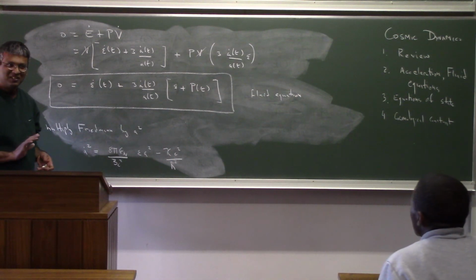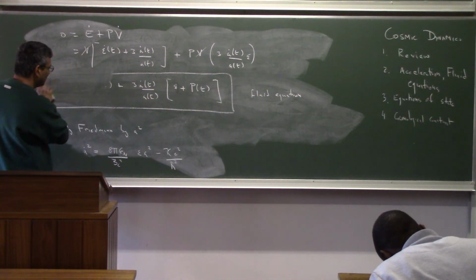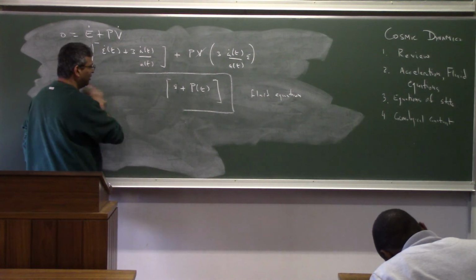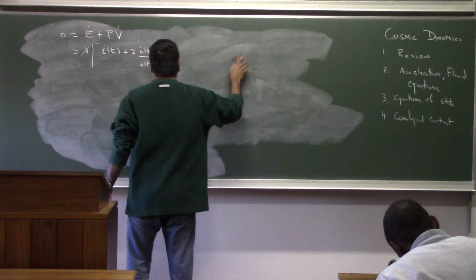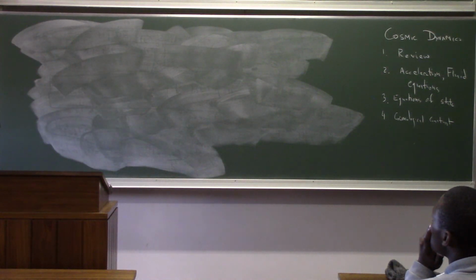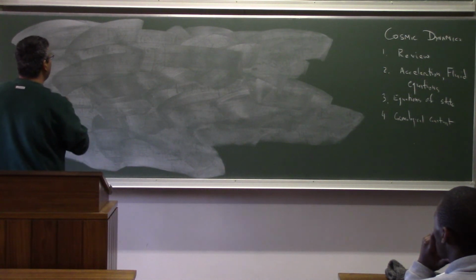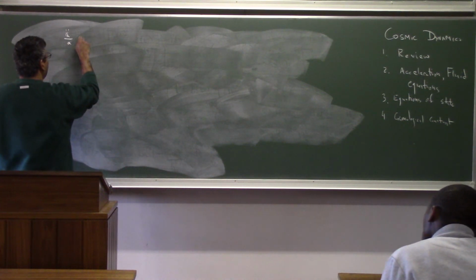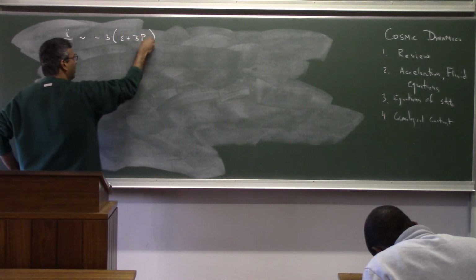Everyone happy with it? Okay, so we notice that a double dot over a is proportional to minus 3 epsilon plus 3p.